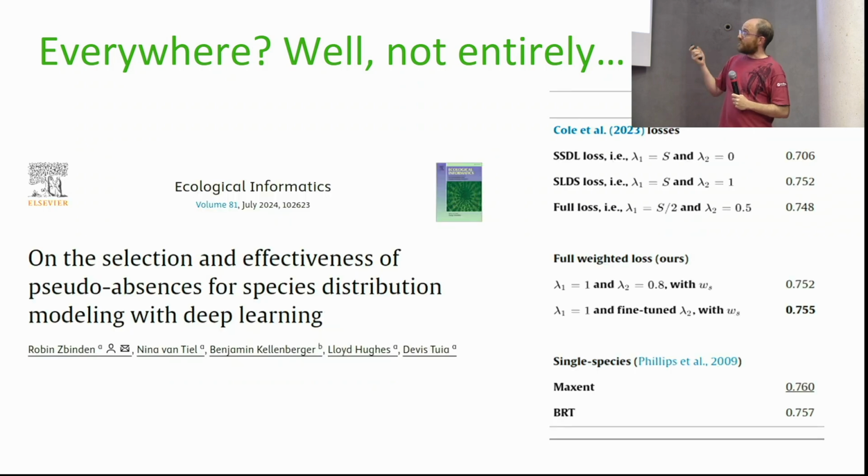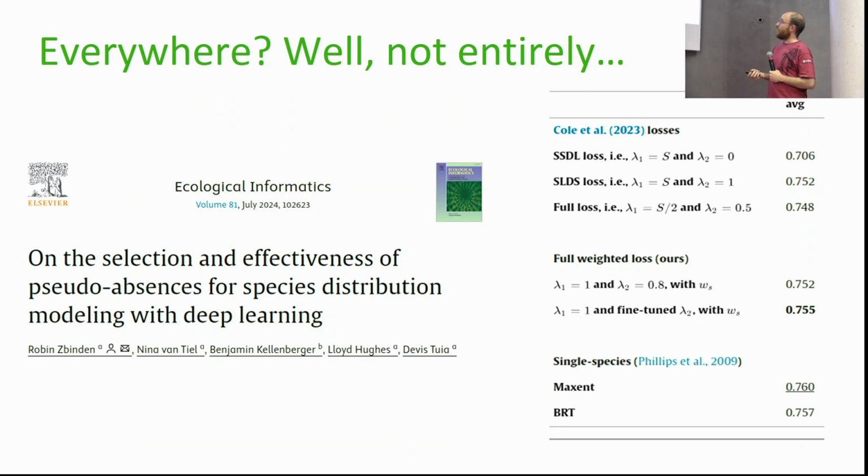Another example is something that we saw before in a presentation from Davis. In the results of this very recent paper, it was very clear that, okay, this is not very visible, but the first results are some deep learning results, old ones, like 2023, pretty recent.